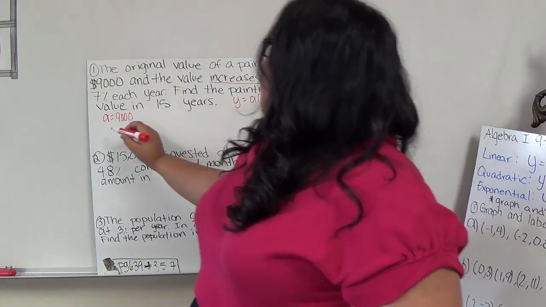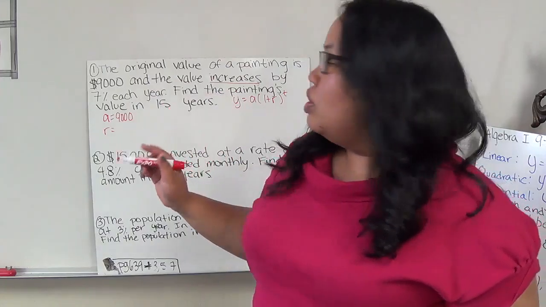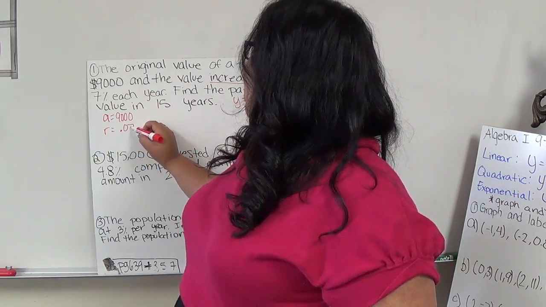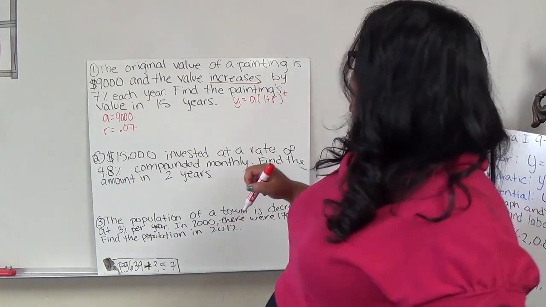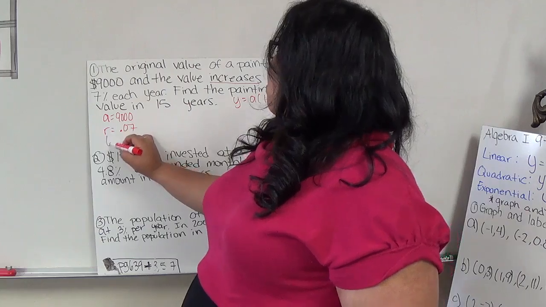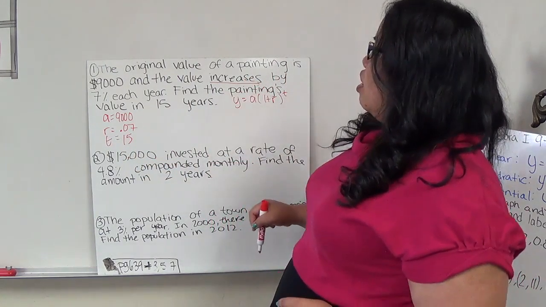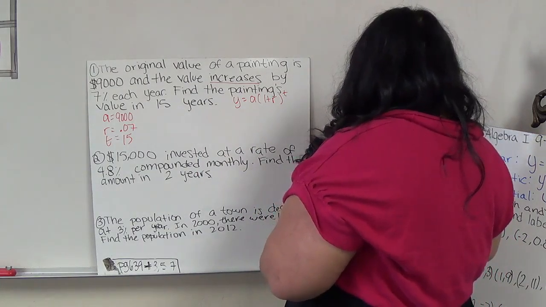Our r would be our rate, and this is 7%, but we're looking at decimals, so I'm going to divide 7 by 100, that gives me 0.07. That's very important because you'll have a very different number. And then my t would be 15 years, how much I end up with in my investment after 15 years.